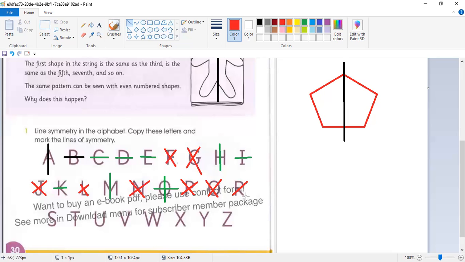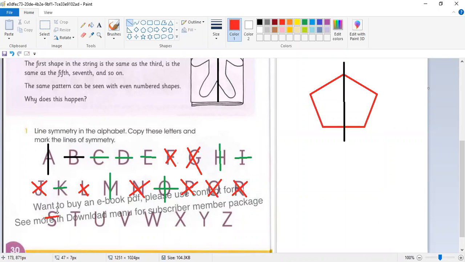R is also not a symmetry. S has no symmetry line, because if you cut S from this side, both sides will be opposite. This will be the right side, this will be the left side. So this is also wrong.